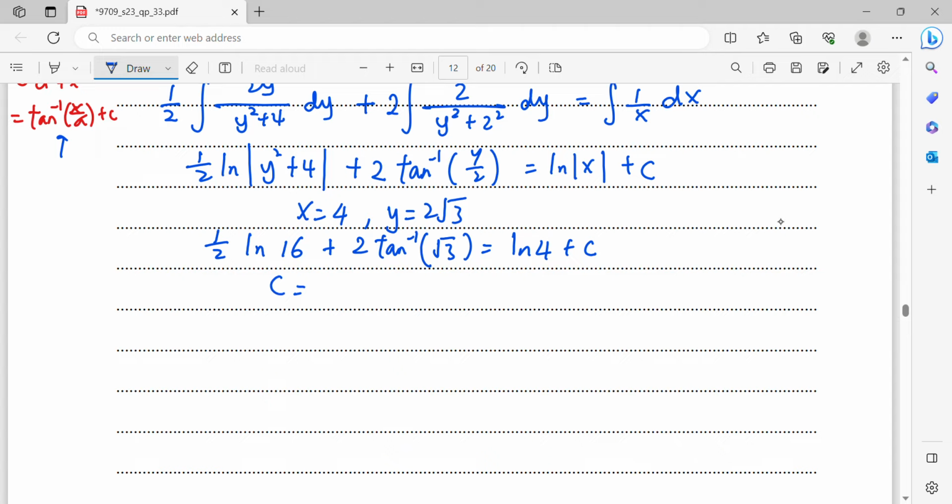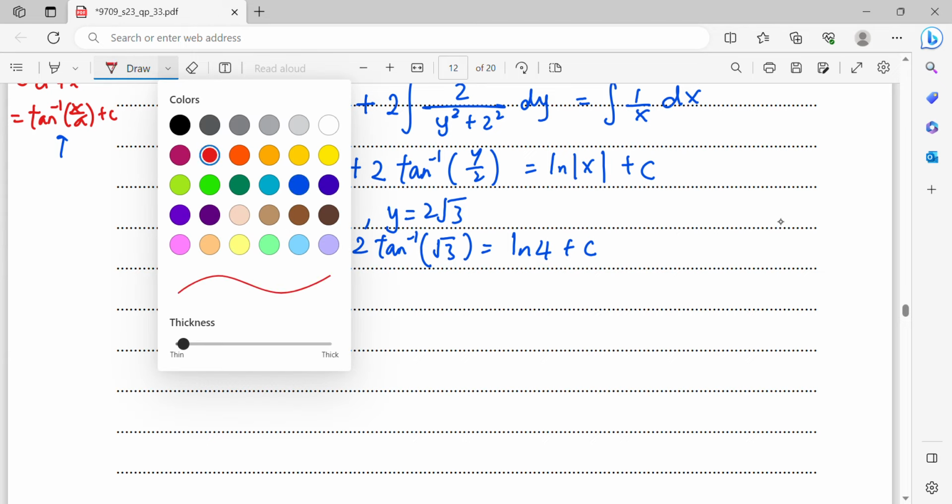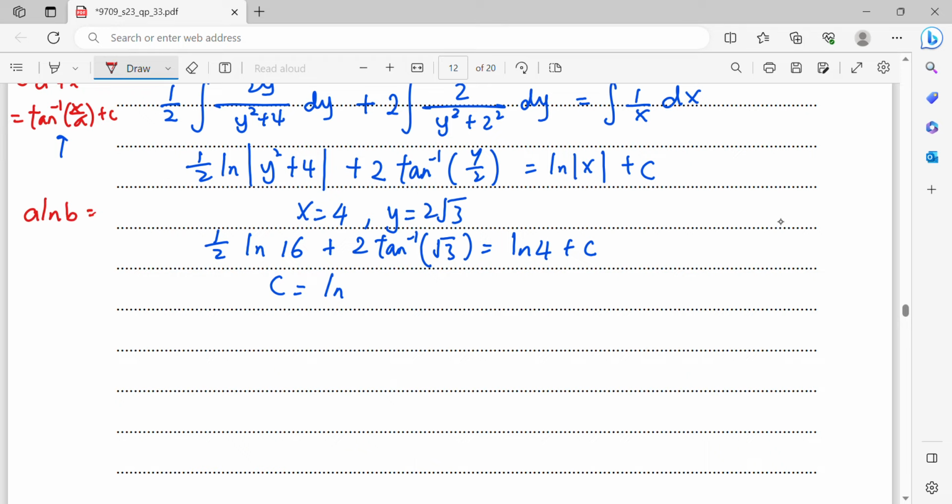is, okay, half ln 16. Okay, half ln 16, this half you can move out because we have a formula here. A ln b is ln b to the power of a. So I will write ln 16 to the power of half, then plus 2 inverse tangent square root 3. This ln 4 move to the other side because minus ln 4. So 16 power half is 4, alright?